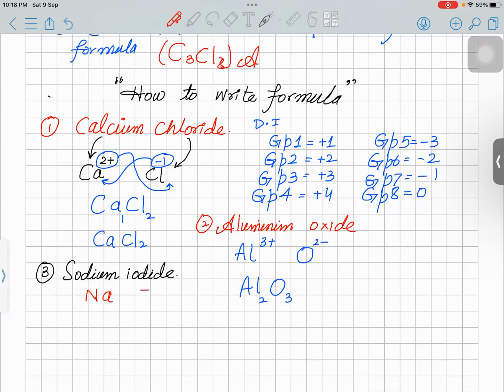And iodide is I. Now can you tell me the charge on sodium and iodide? Sir, sodium has 1 plus and iodide has 1 minus. So no need to do anything.